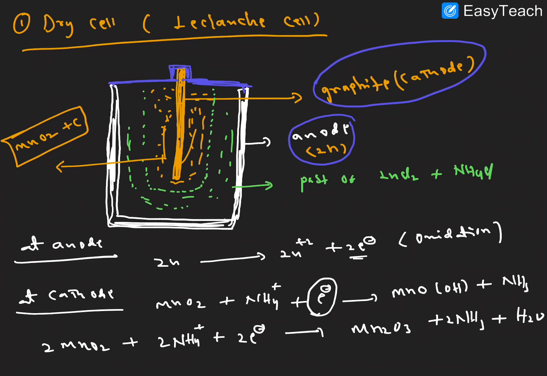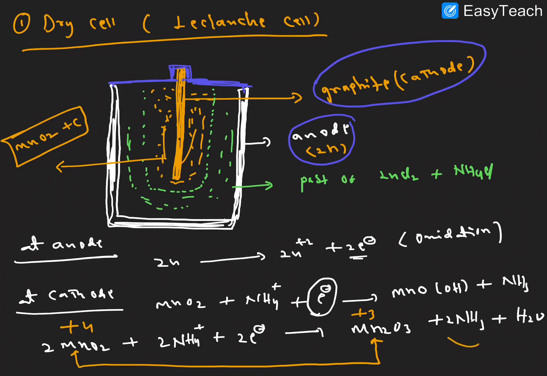I hope it is clear, right? The simple trick is the oxidation state: here it is plus 4, and here it is plus 3. The oxidation state decreases from plus 4 to plus 3, so it is reduced.